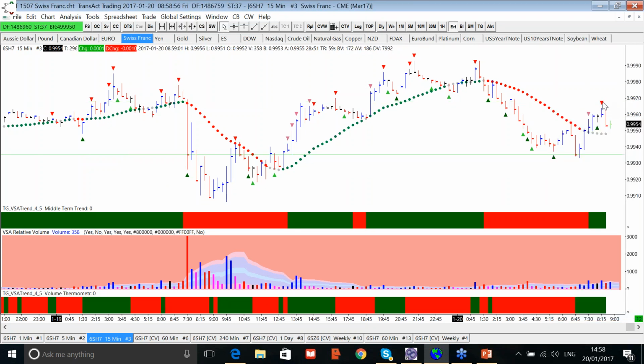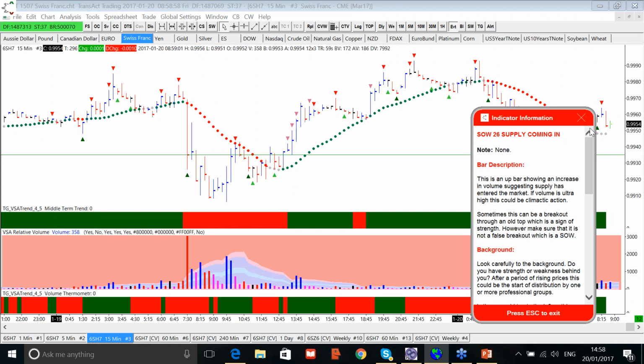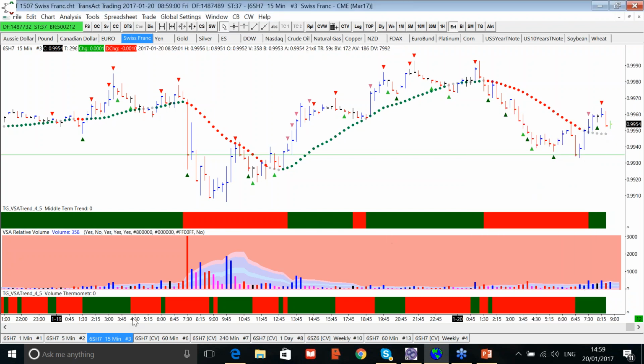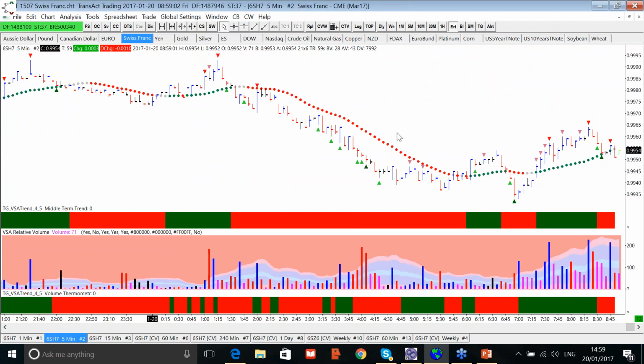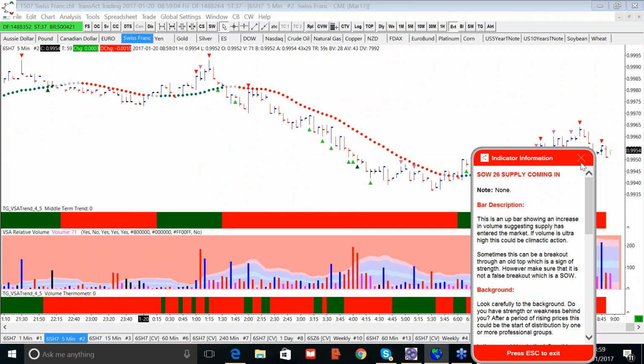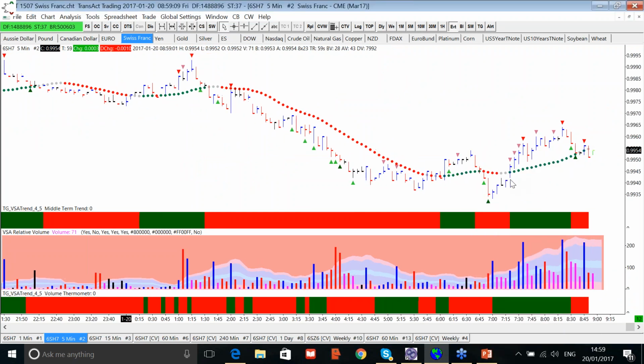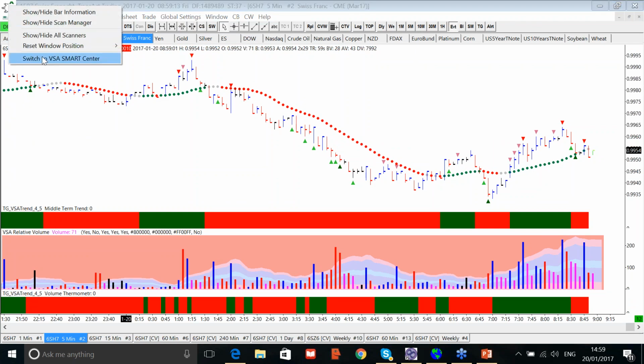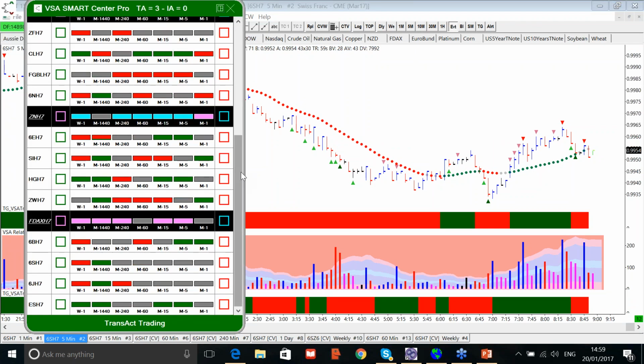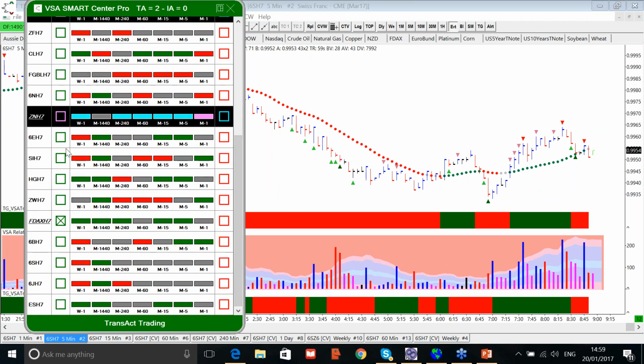And we have some weakness right here. Supply coming in. We come back down. Very difficult to call that. I mean, you've definitely got some no demand or some supply, sorry, coming in here. I would say on that Swissy, trend alignment to the upside has arrived.